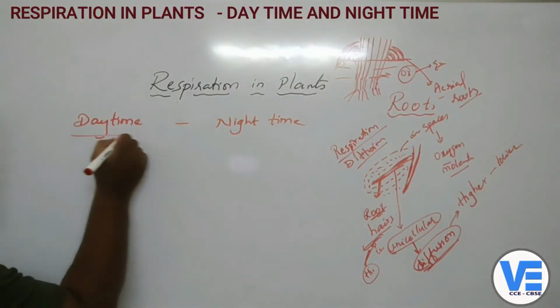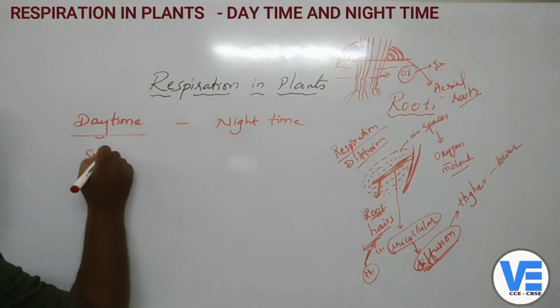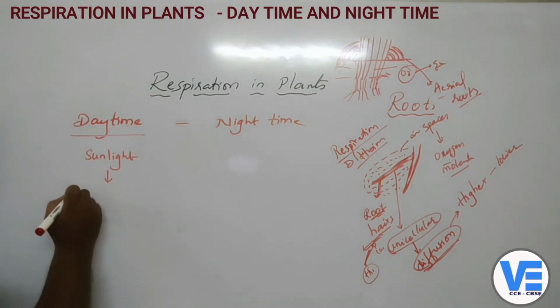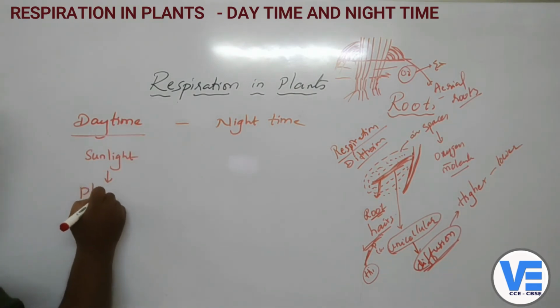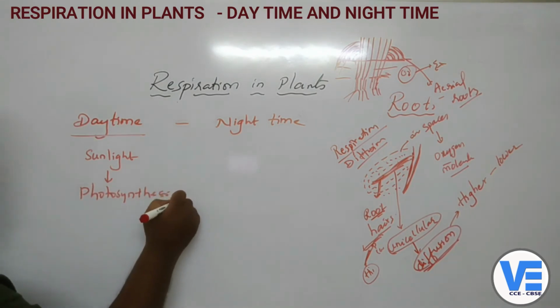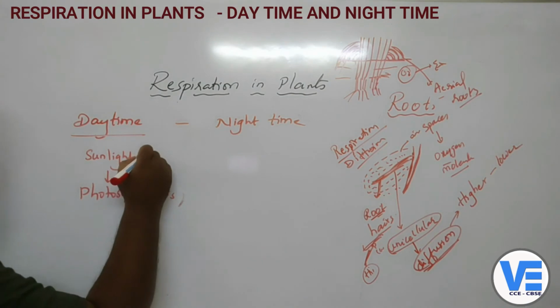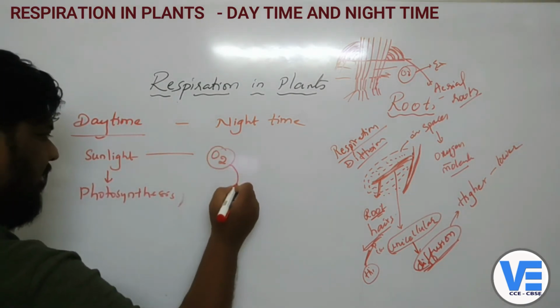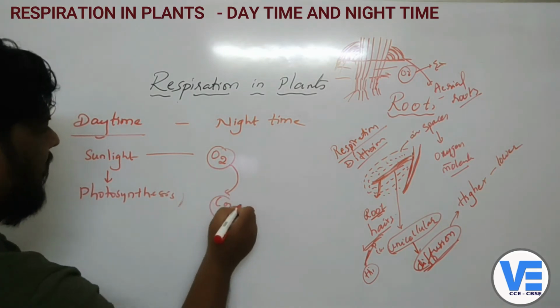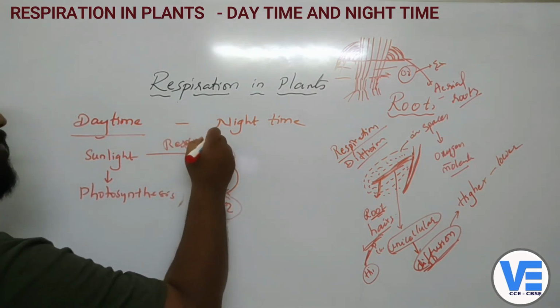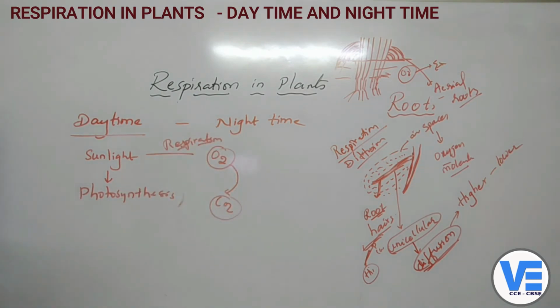Especially when there is daytime, there will be sunlight. In the sunlight, plants will perform the photosynthesis process, right? Even though there is sunlight, the plants will take in oxygen and give out carbon dioxide, because this is the process of respiration and that should continue, it cannot stop.